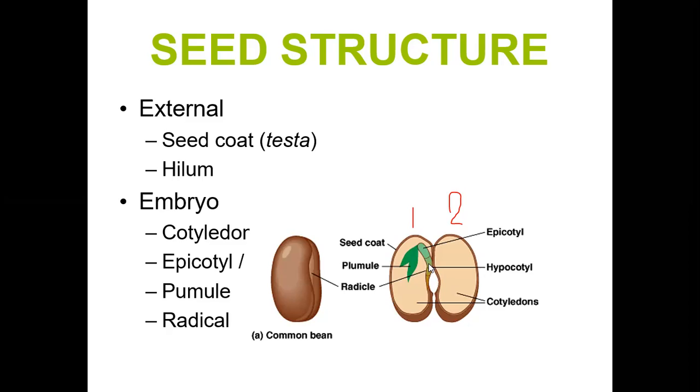The part which develops in the form of leaves is plumule, and the part which develops in the form of roots is radical.